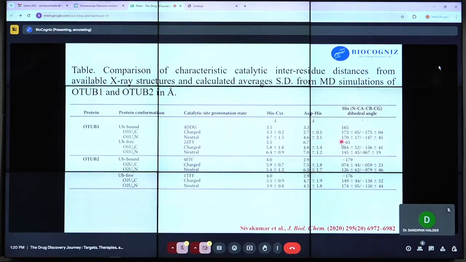One way is, as I said earlier, when we did the work, we did a lot of literature study, and what we found is that previously, everybody focused on the known structures available in the literature as well as in the databases, such as co-crystallized complexes and structures solved at higher resolutions.